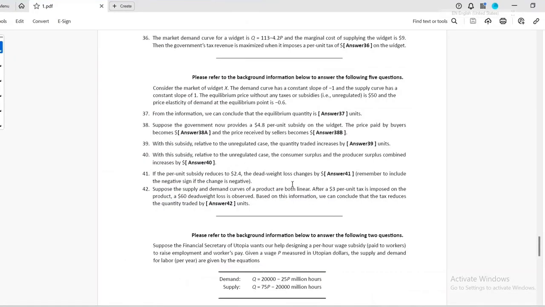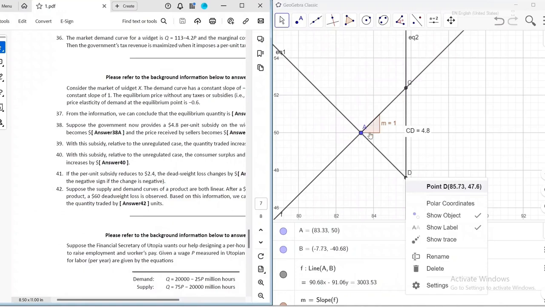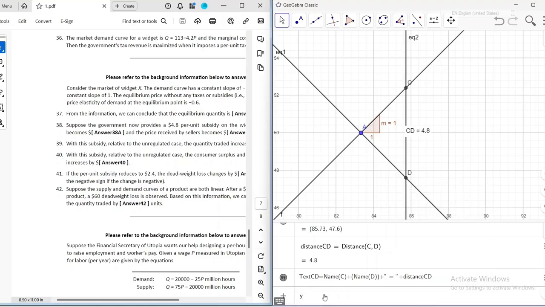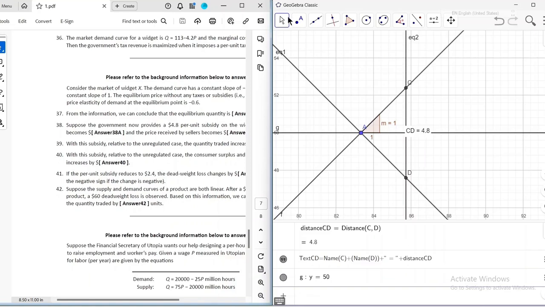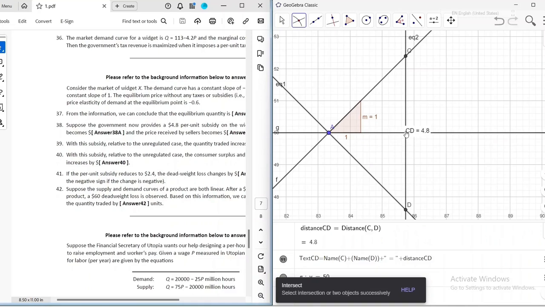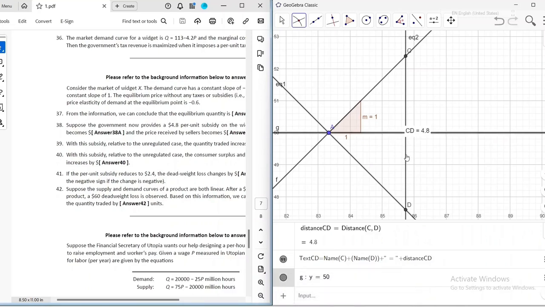Now in the next question, the quantity in question number 39: what is the increment in the quantity traded? So you need to find out the length of this portion. Let me draw a straight line, y equals the value passing through A, and let's find the intersection of this line and this line.